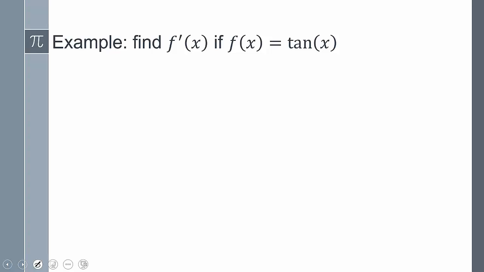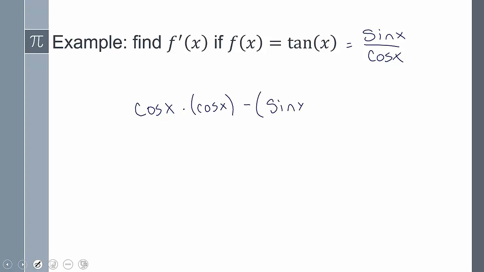Now with tangent x, this is going to be kind of like a proof. Why is it secant squared? Well, because I could rewrite this as sine of x over cosine x. So low d high, minus high, derivative of the bottom, denominator squared below.